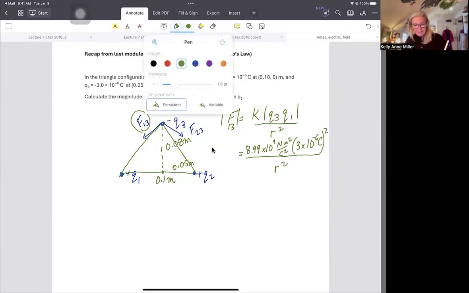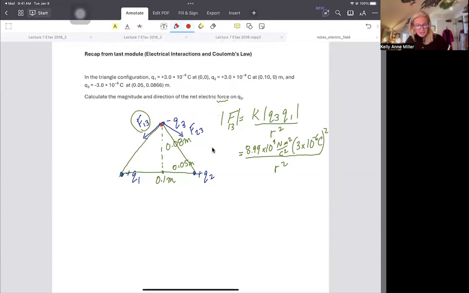That's the distance, here, let me draw that, between here and here. So that's the distance between 1 and 3. Okay, so the distance between 1 and 3, we can just calculate using Pythagoras. So it's just going to be 0.05 meters squared plus 0.0866 meters squared, and then the square root of that.